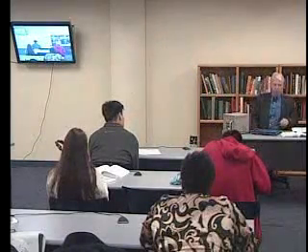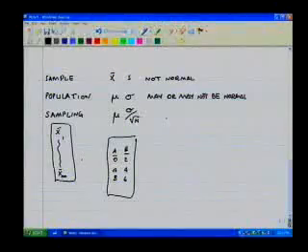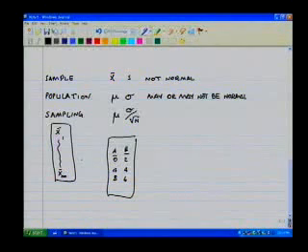Let's assume that the population distribution is normal and sample size is large.